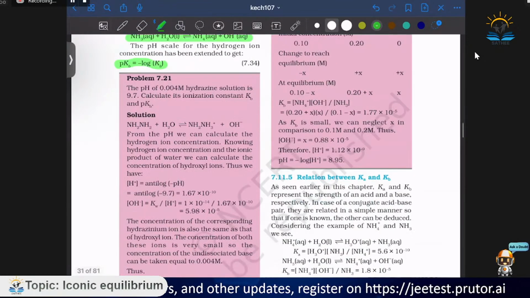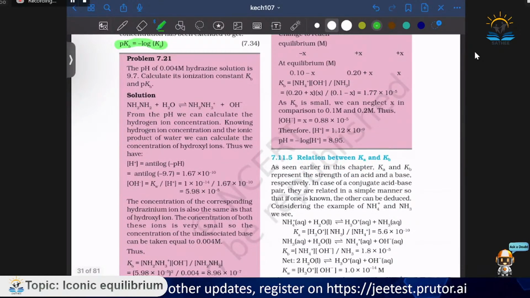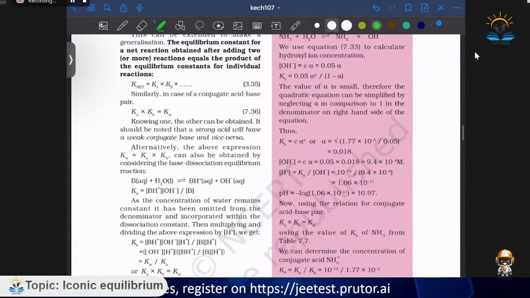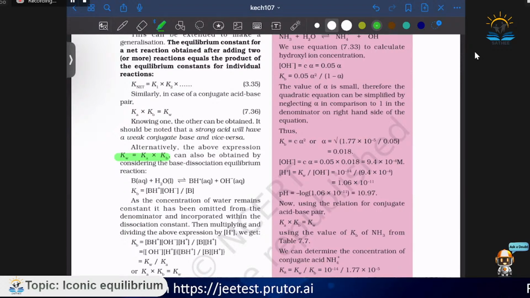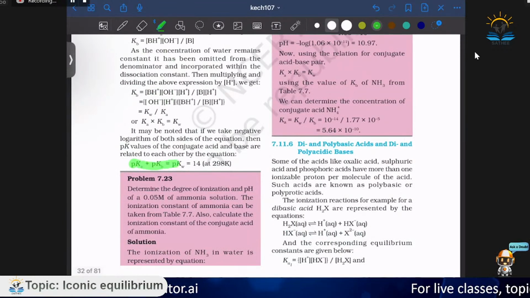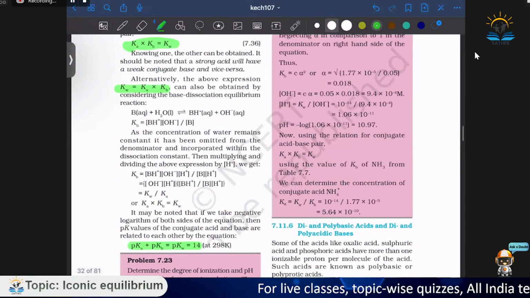Now, what is the relationship between Ka and Kb? If you multiply Ka and Kb, it is equal to Kw. pKa plus pKb is equal to pKw, or 14, at 298 Kelvin.